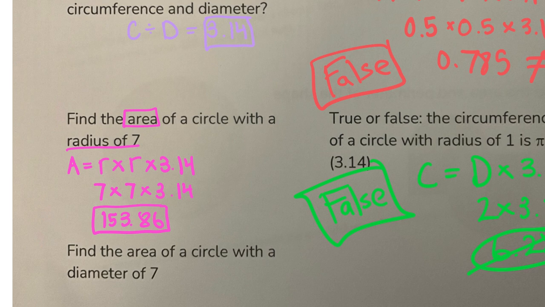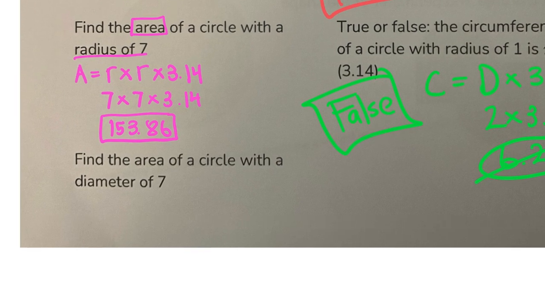The question below this one, find the area of a circle with a diameter of 7. It's a little bit harder. We're still trying to find area, so that's radius times radius times pi. But the problem is we don't have our radius. We only have our diameter.